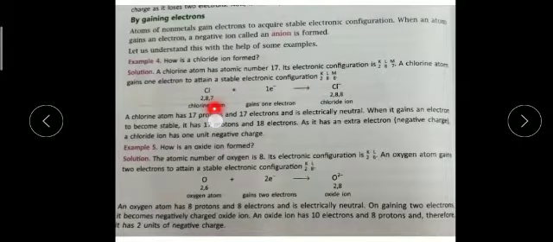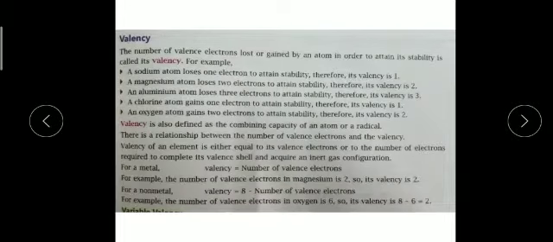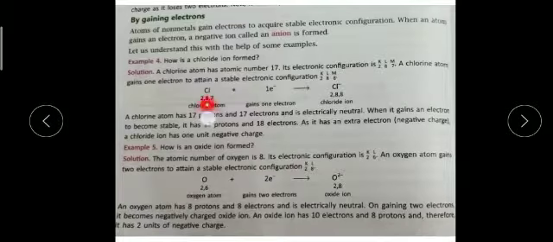It has 7 and it is gaining 1 electron. For chlorine, a non-metal, we should apply the formula 8 minus the number of valence electrons. So 8 minus 7 is equal to 1.